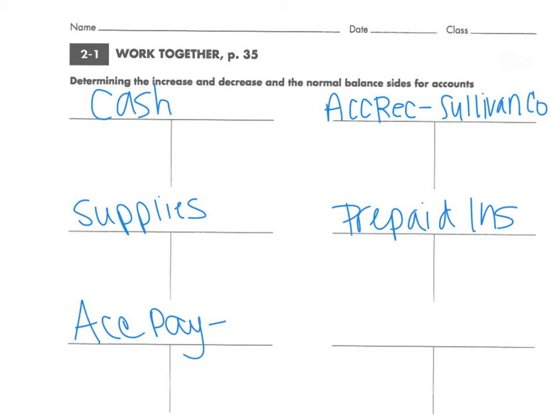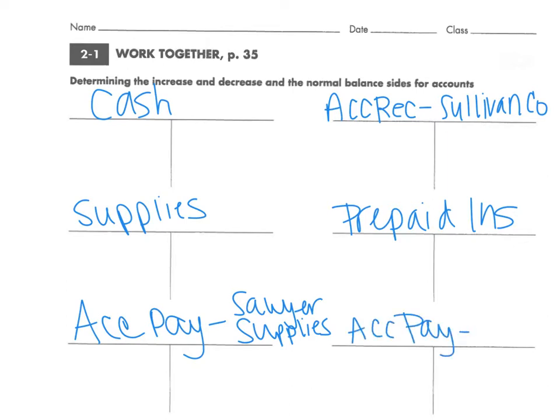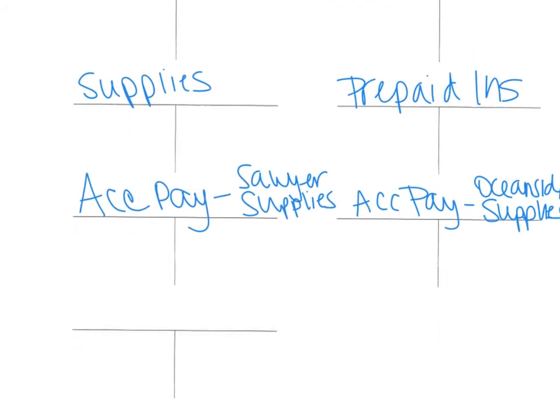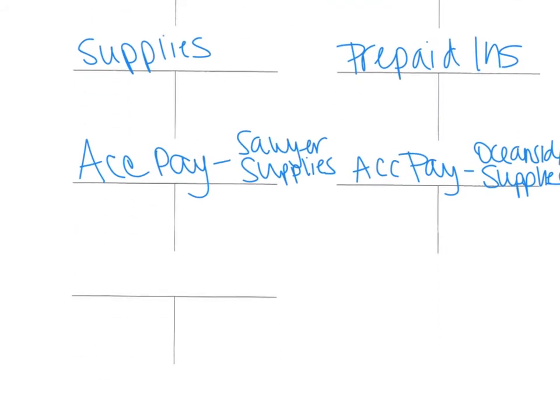Accounts payable dash Sawyer Supplies. And then another accounts payable dash Oceanside Supplies. And finally, Parker Bogle Capital.